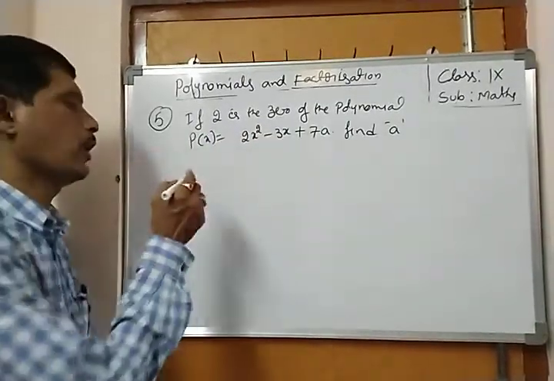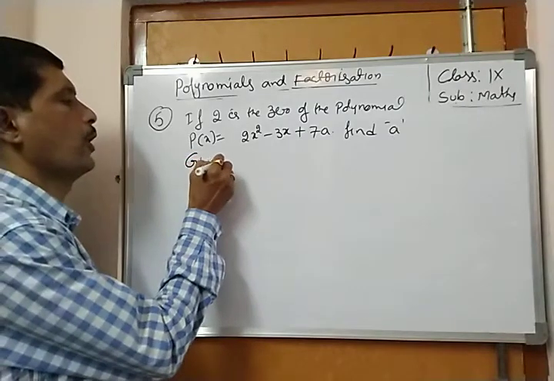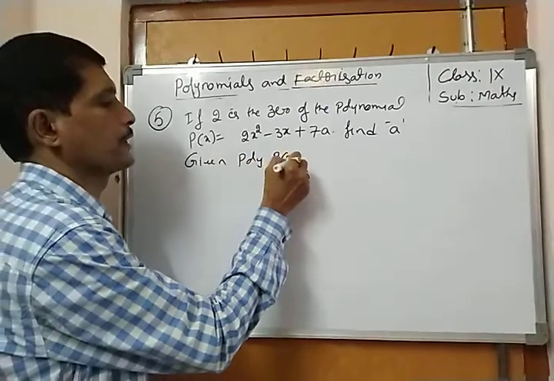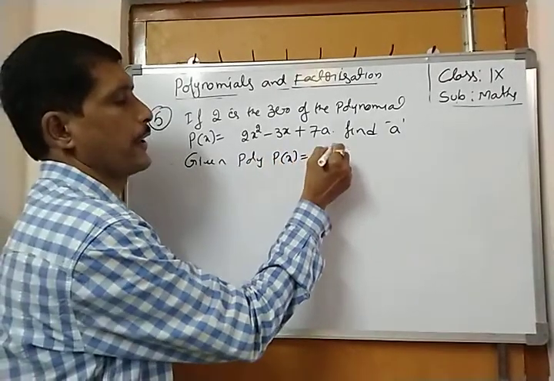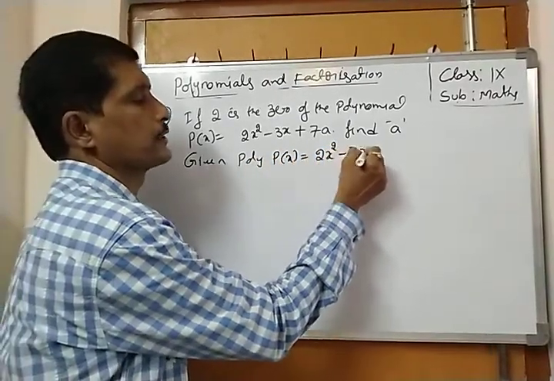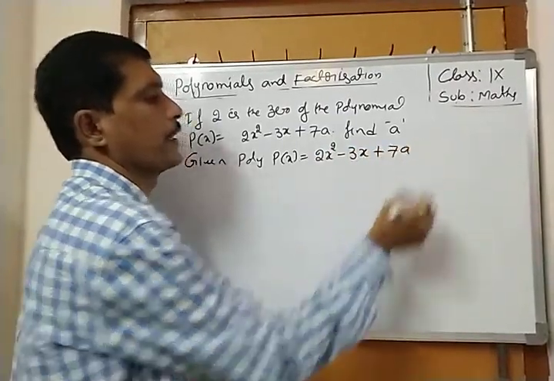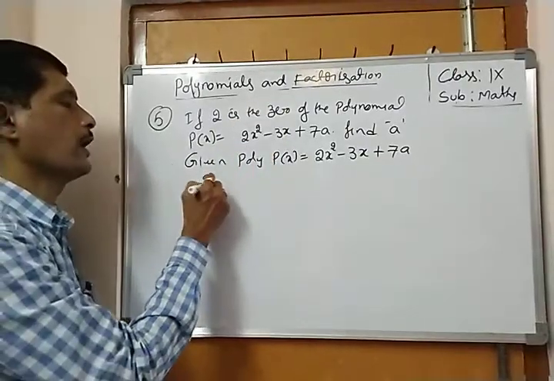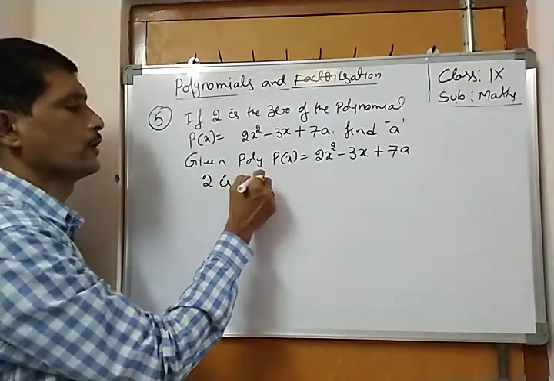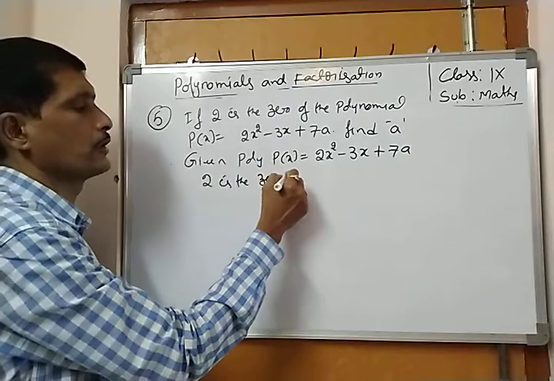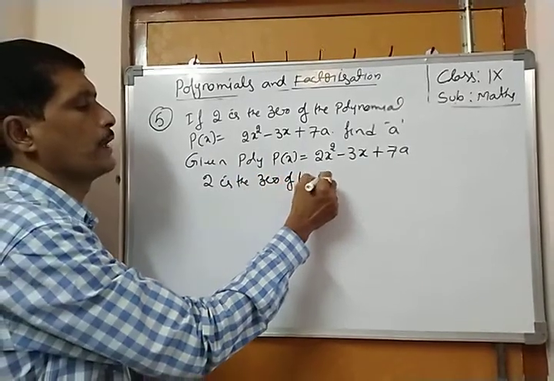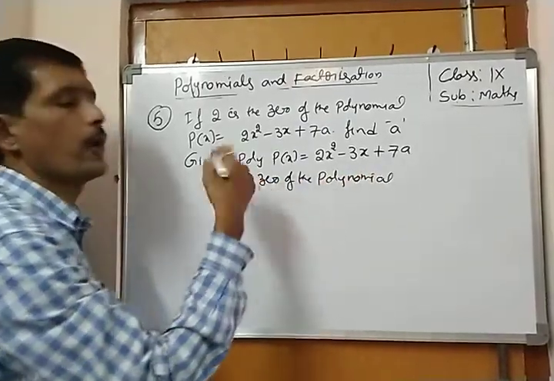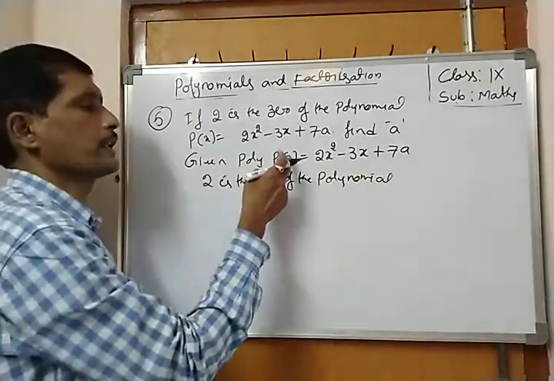First write the given polynomial. Given polynomial, p of x equals 2x square minus 3x plus 7a. Here 2 is the 0 of the polynomial, so substitute x replaced by 2.